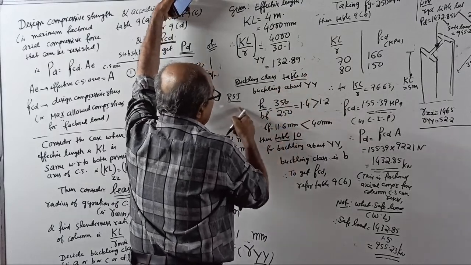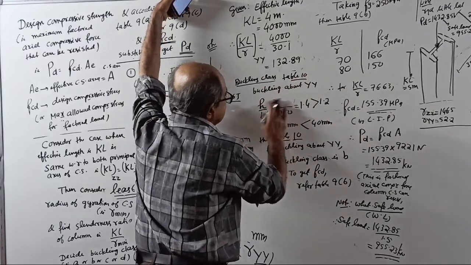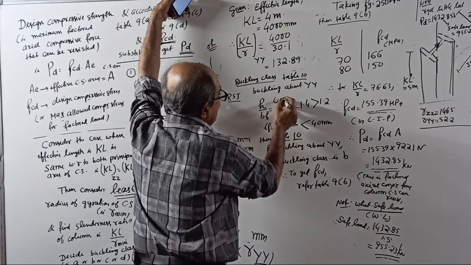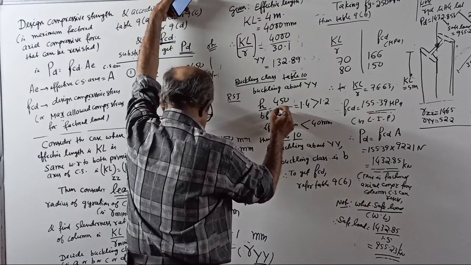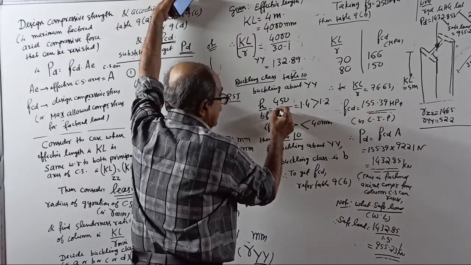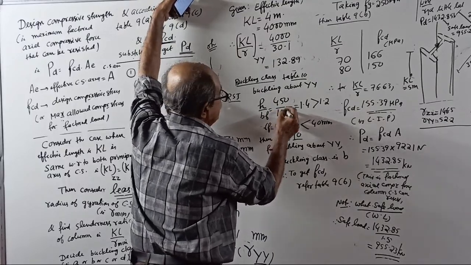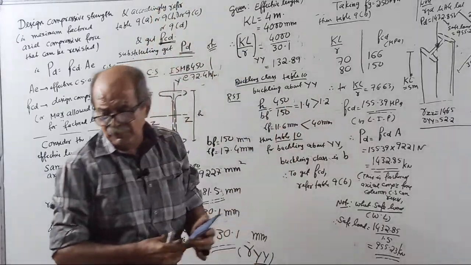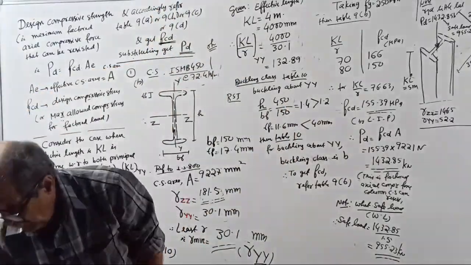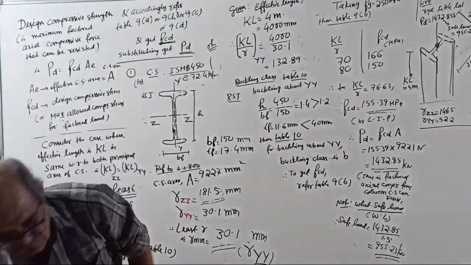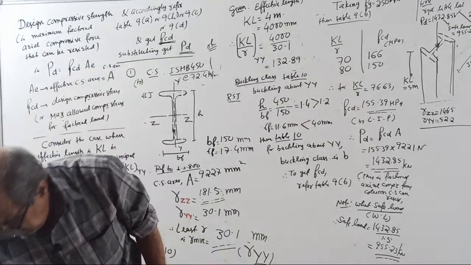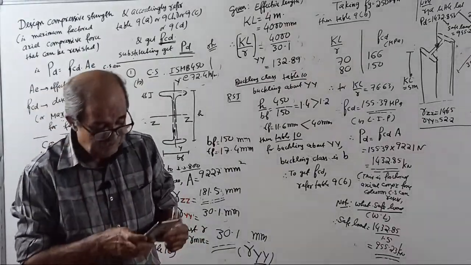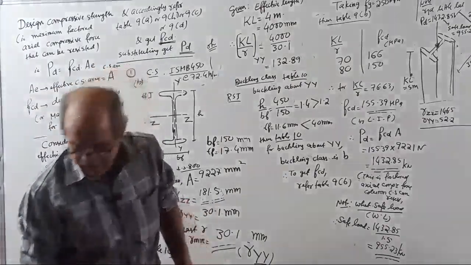Buckling about YY. H by BF. This time your H is 450 and breadth of flange is 150. Tell the answer, 450 by 150. It is 3.